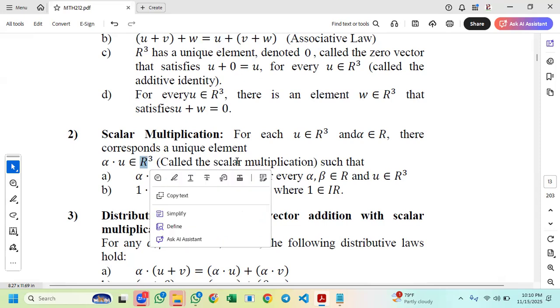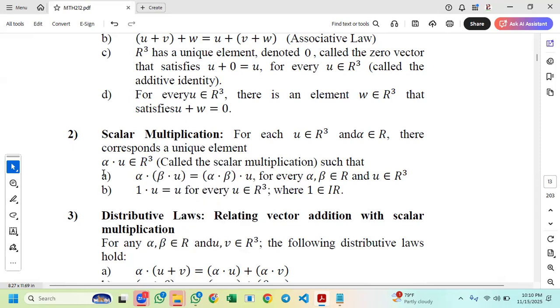Now, this one we'll call the scalar multiplication, such that alpha dot beta, that dot means multiplication, alpha multiplied by beta multiplied by u will give us alpha multiplied by beta multiplied by u, that is using brackets. It's just like the associative law for addition.